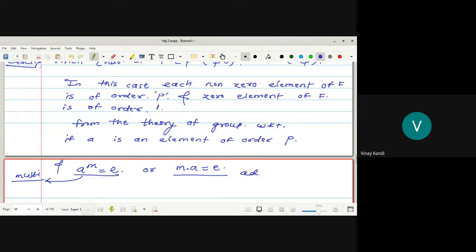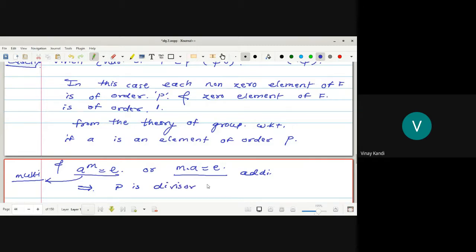Okay, from the theory of group, if A is any element of order p, and A raised to m is equal to e, or m into A is equal to e, this implies P is a divisor of m.